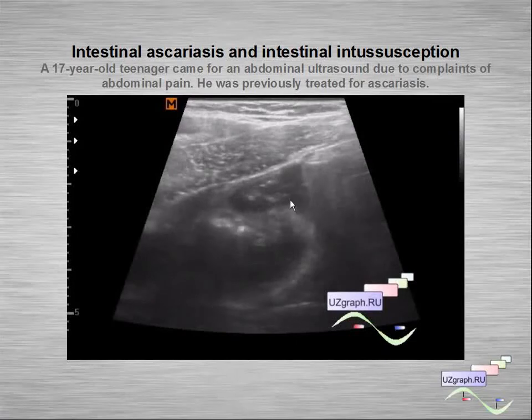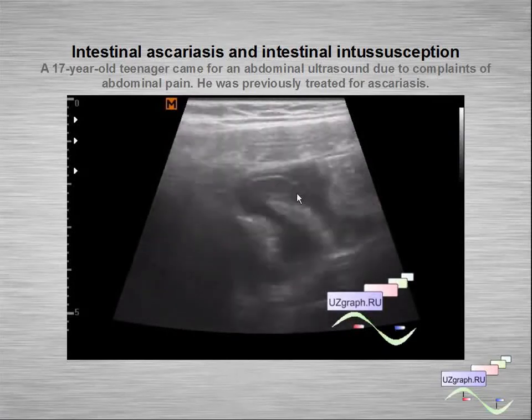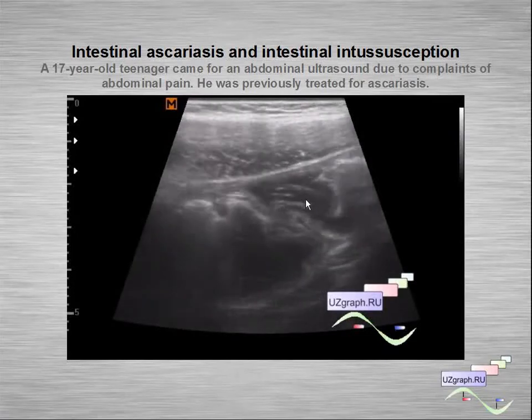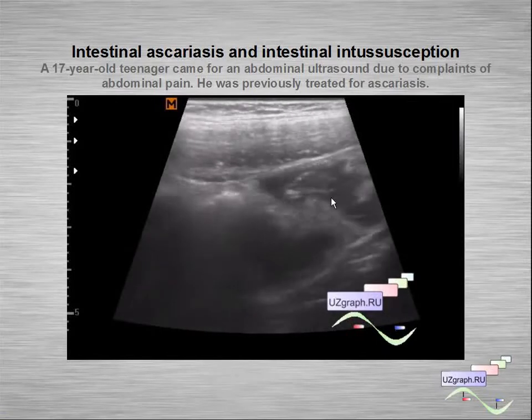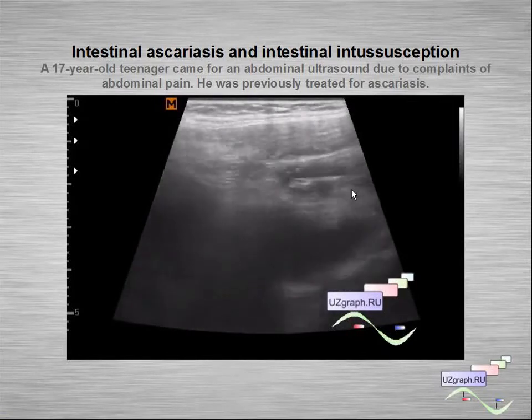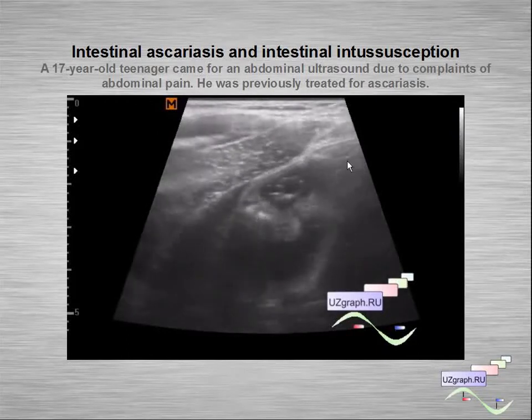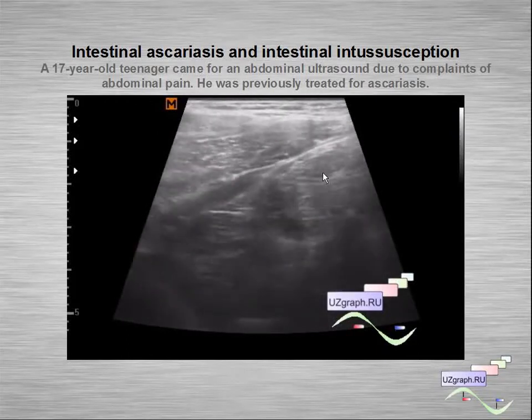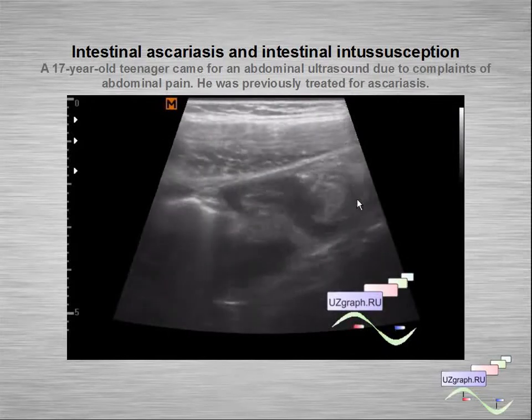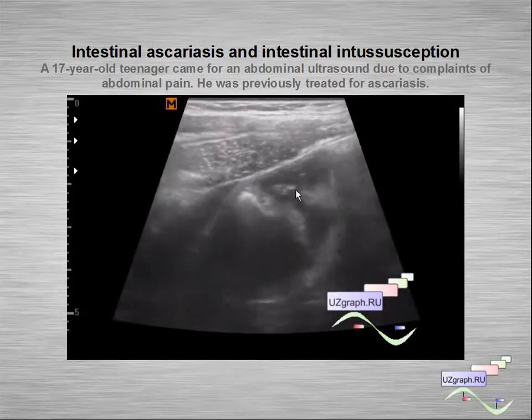We can see some tubular structure inside the intestine, typical tubular structures, and we can see a nearby target sign. So it's intussusception and ascariasis in the same patient.